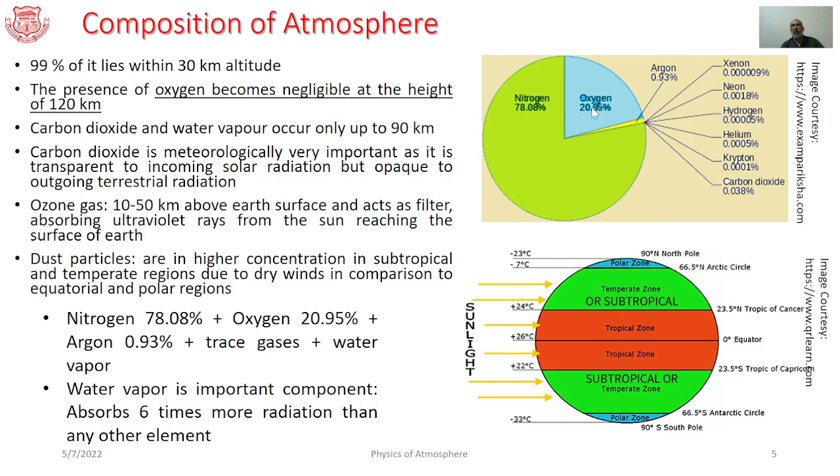There is oxygen of around 20.95%. There is argon to the extent of 0.93%, and the remaining is trace gases like xenon, neon, hydrogen, helium, krypton, and carbon dioxide.